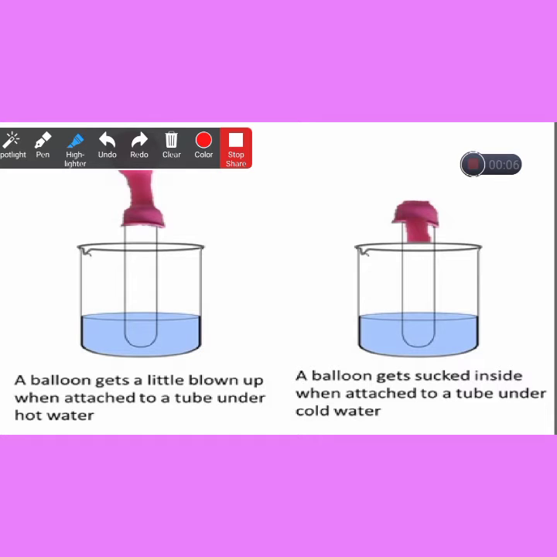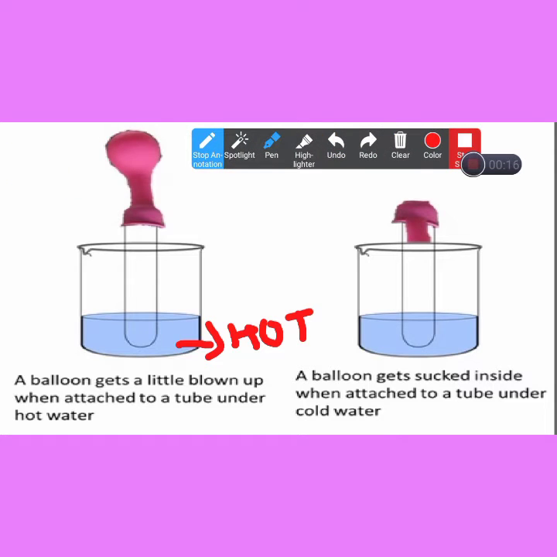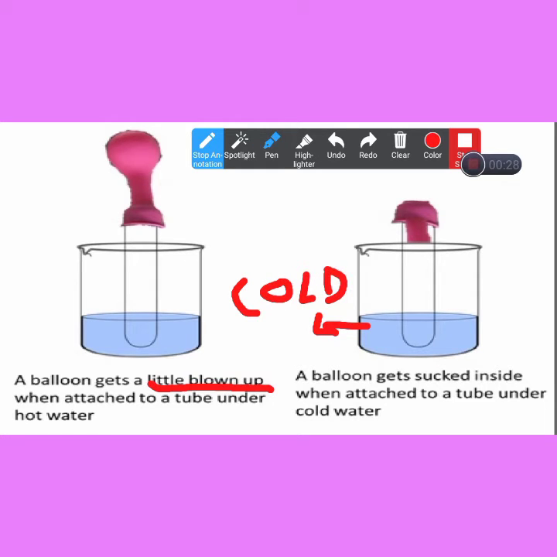When we put a balloon in hot water, the balloon gets a little blown up when attached to the tube under hot water. And when we put a balloon in cold water, the balloon gets sucked inside when attached to a tube under cold water.